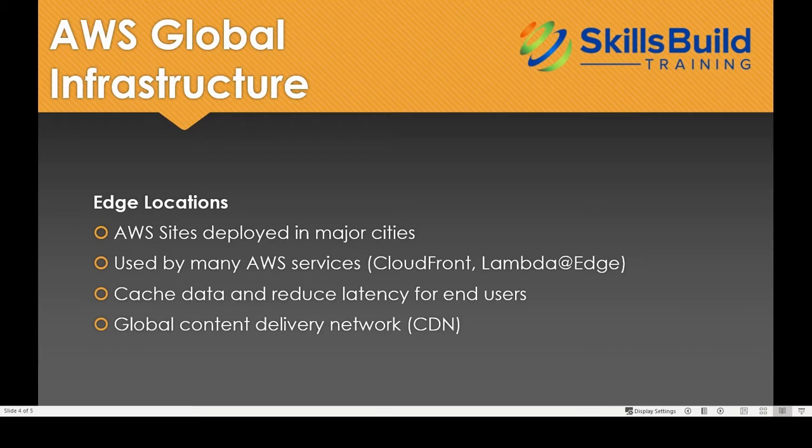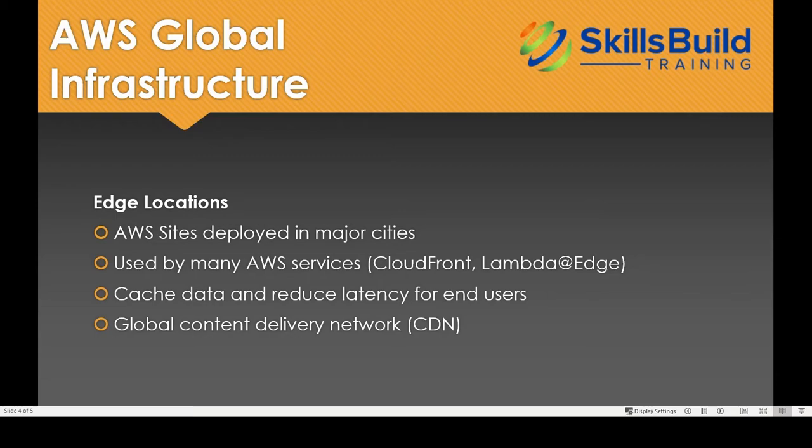And while edge locations are not used to deploy your main infrastructures, such as EC2 instances, EBS storage, VPCs, or RDS resources like availability zones do, they're used by AWS services such as AWS CloudFront and AWS Lambda at Edge, for example, to cache data and reduce latency for end user access by using edge locations as a global content delivery network, or CDN.